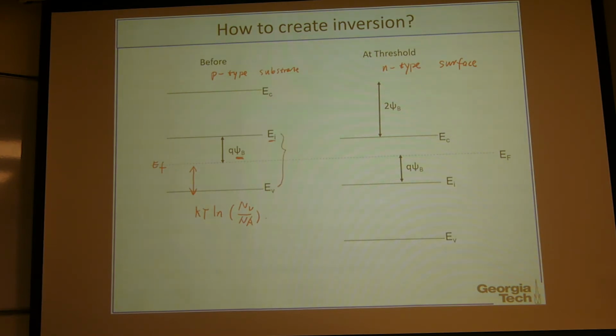And then you know the EI to the EV, because EI is the intrinsic Fermi level, that is half of the band gap, half Eg. So you know the phi b is half Eg minus this kT. And here you need to have 2 phi b to get this inversion.